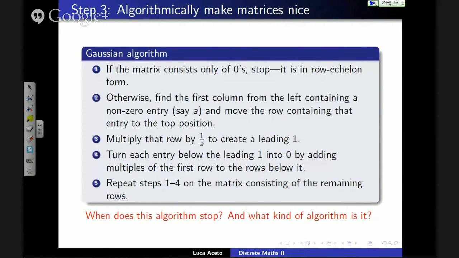Yeah, this is for row echelon form. So the question is, how about if we want to make the matrix reduced? If you want to make the matrix reduced, once you put it into row echelon form, you just add appropriate multiples of the lower rows to the rows above them. Absolutely.